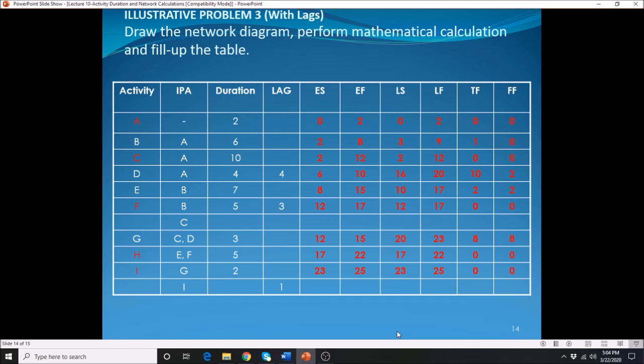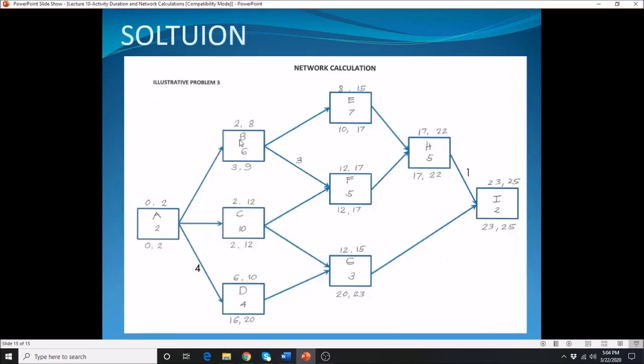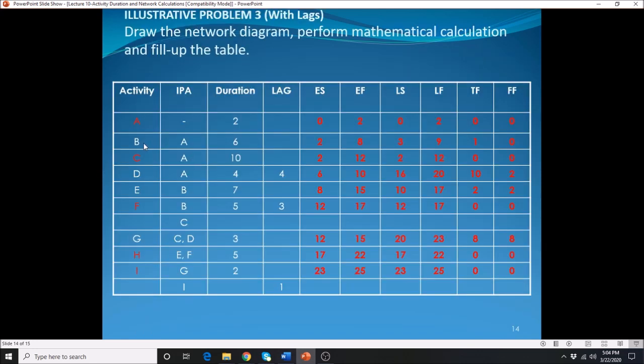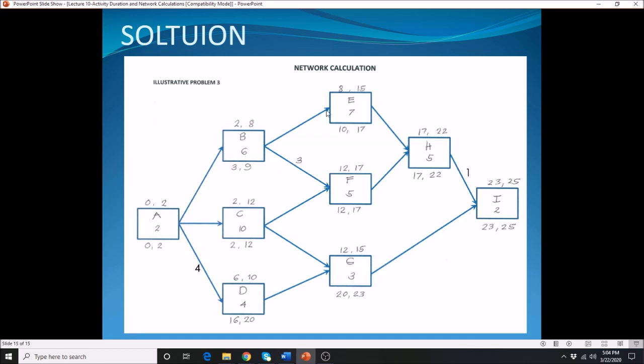Alright, so just draw the network diagram. So again, you have here now your A is the start, B follows your A, C follows your A, and your D follows your A here. All your B, your C, and your D, they follow your A here, and your E follows your B, and your F follows your B and C. So when you draw that up, you will notice here now your F follows your B and your C, and your G follows your C and your D. And take note, don't forget to put the link between your A and your D having a lag time of 4.